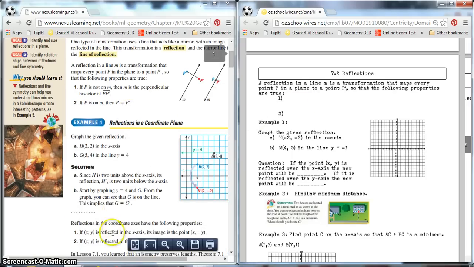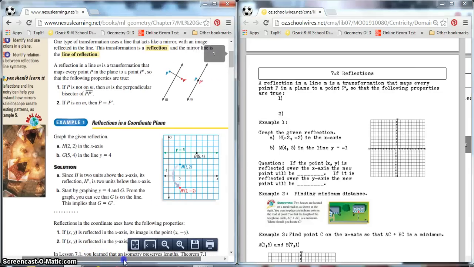All right, example 1. Example 1, graph the given reflection. All right, H is at -2, -2, and we're reflecting over the x-axis. Now you see that's a little bit different than the example that's here in the book. So let's go over to -2, -2, which is going to be down here on your notes, and we're going to reflect that over the x-axis. Now, since it's reflecting over the x-axis, let me make this a little bit bigger.